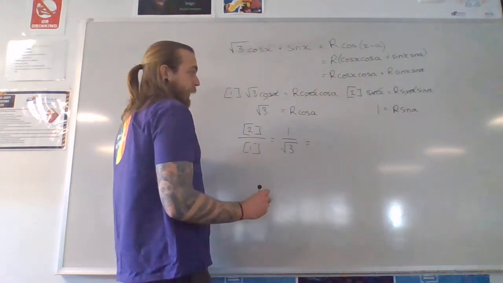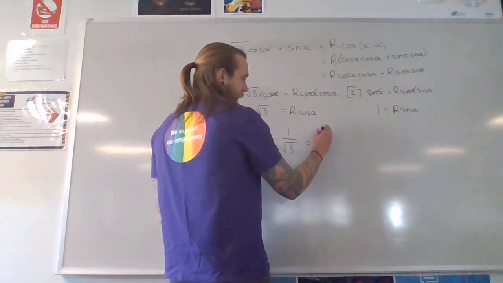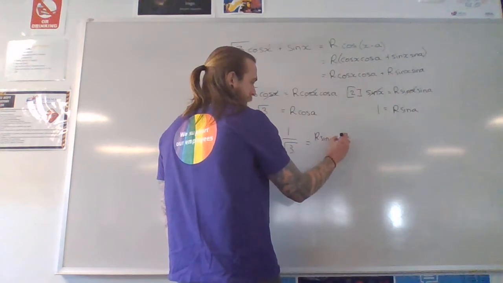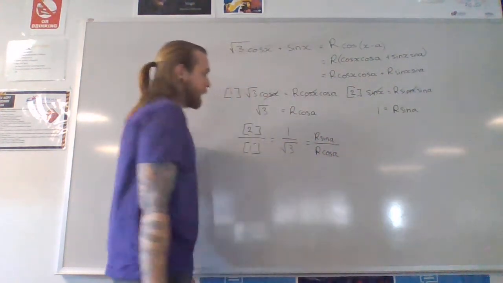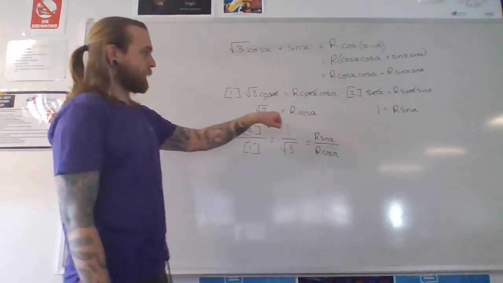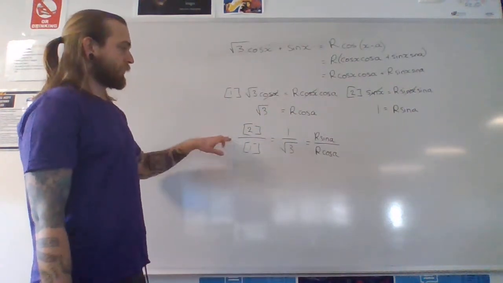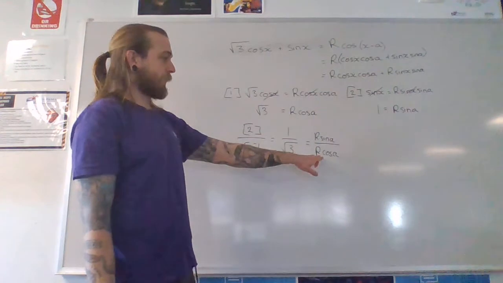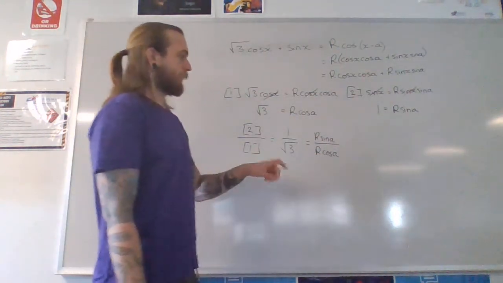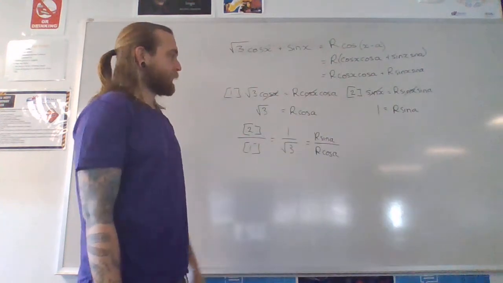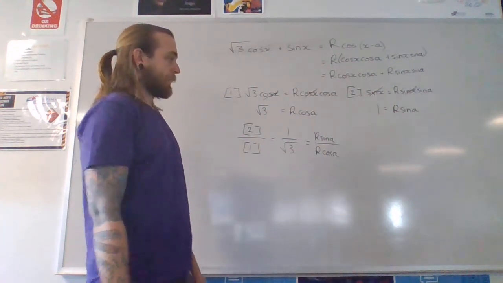On the other side of it, you are going to have r sine alpha divided by r cos alpha. Okay, so equation 1, after I've done some cancelling out, goes on the bottom, and that's my 3 equals r cos alpha, and my equation 2 is what I've got on top, 1 equals r sine alpha.